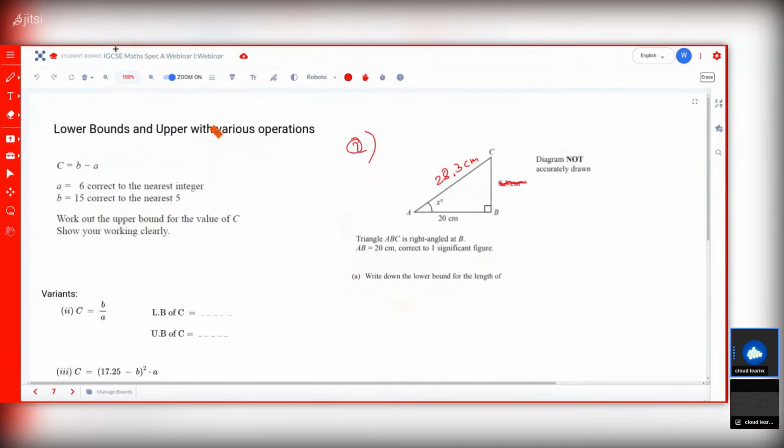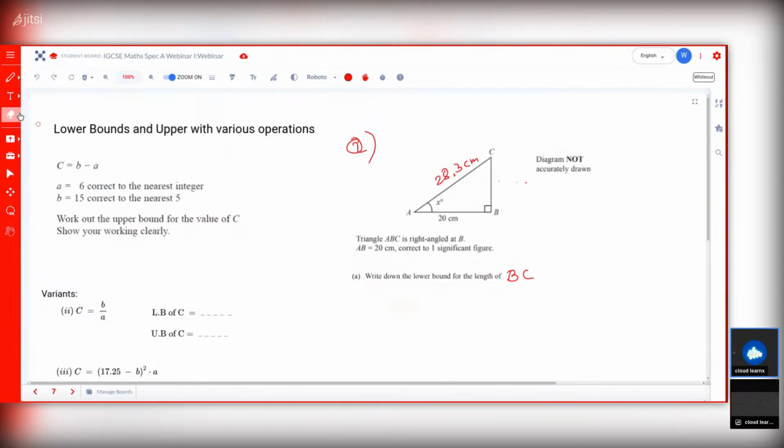Write down the lower bound for the length of BC. So note I've got rid of that. Let me wipe that out. Now I'm giving you what AC is, and I want to find the lower bound for the length of BC.